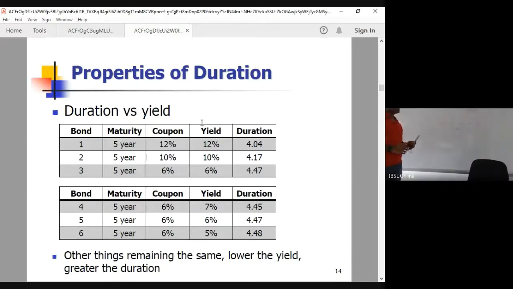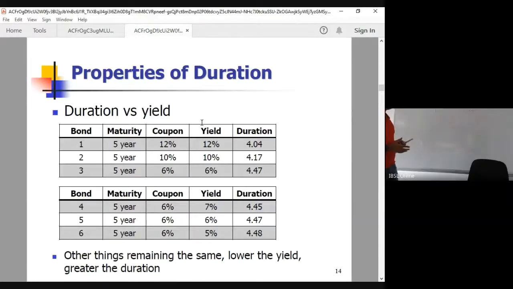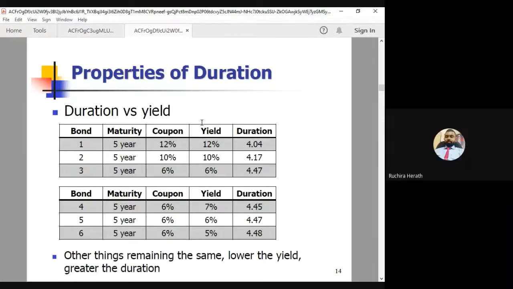In other words, you're getting 6%, which is less than the 12 and 10% coupon, and your duration is increasing. Is that clear?